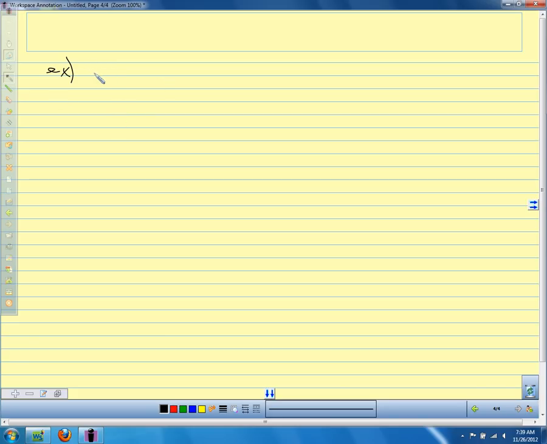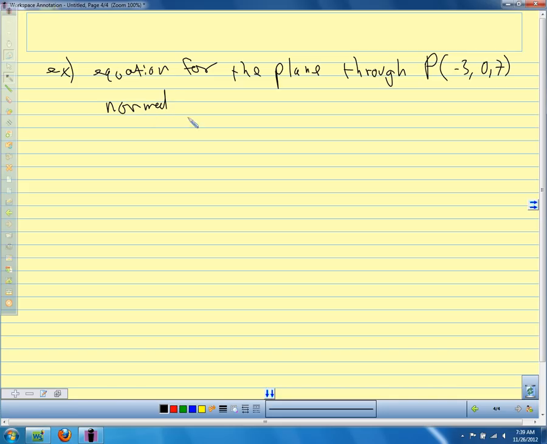We want an equation for the plane through our point P, which is (-3, 0, 7), and with a normal vector 5i plus 2j minus k.